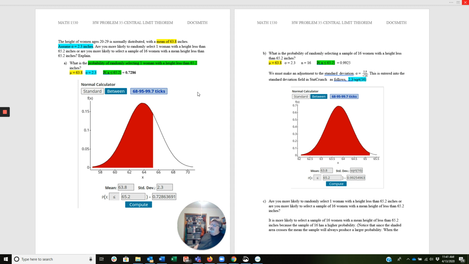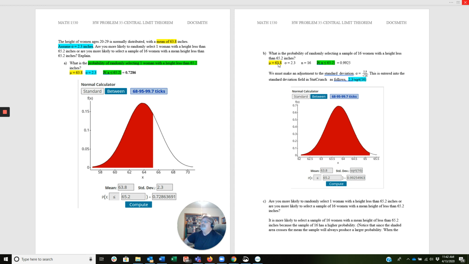Especially with a 2.3 standard deviation, 63.8. So here's the part that's giving everybody trouble: what do we do now? And this is where we use the central limit theorem. What is the probability of randomly selecting a sample of 16 women with a height less than 65.2 inches? Well, again, the mean is still the same.